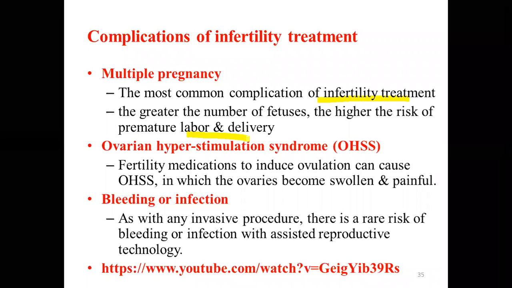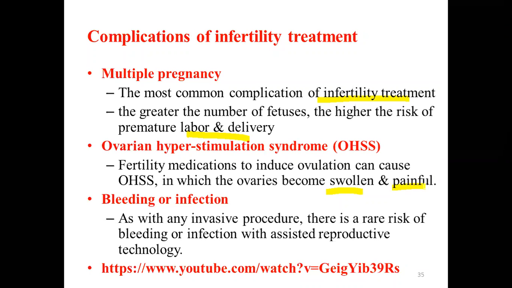Then apart from that, infertility treatments stimulate the ovaries, which can swell the ovary and become very painful. It can also cause an increased risk of bleeding or an increased risk of infection.